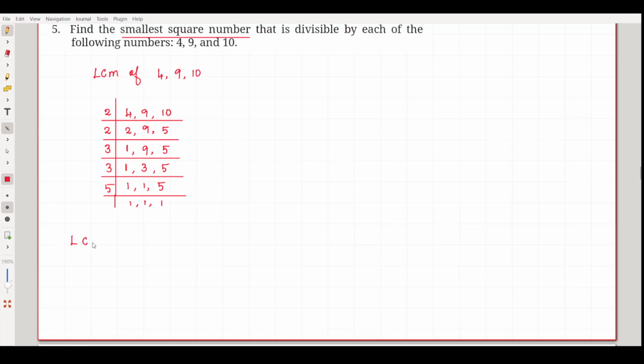The LCM we are getting is 2 into 2 into 3 into 3 into 5.